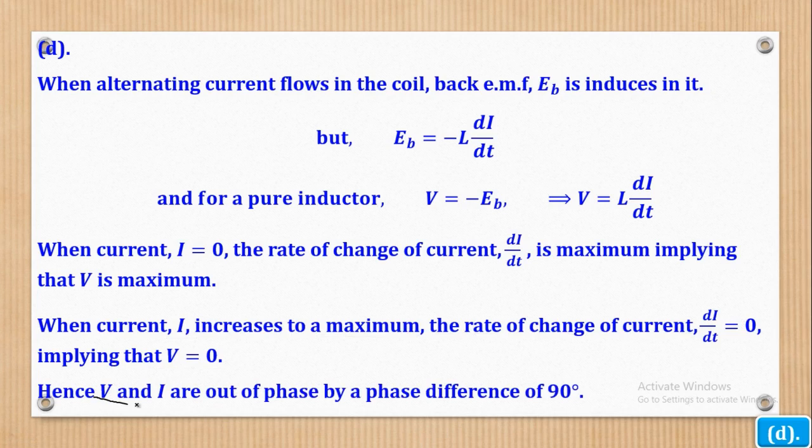So therefore V and I are out of phase by 90 degrees. So that is how marks would be awarded. So now I shall go to part E.